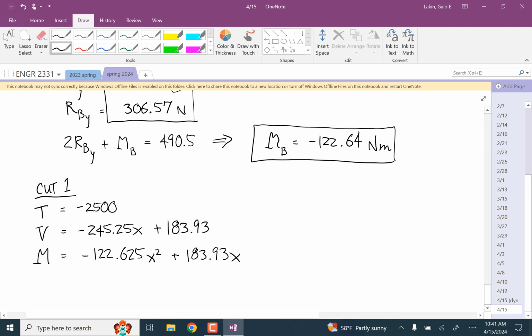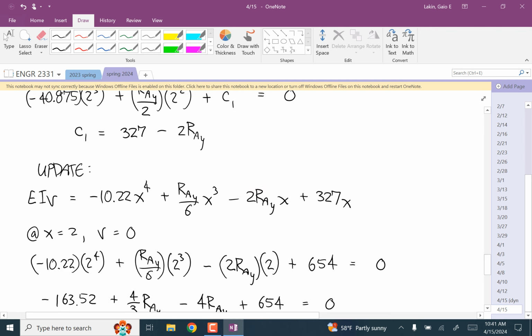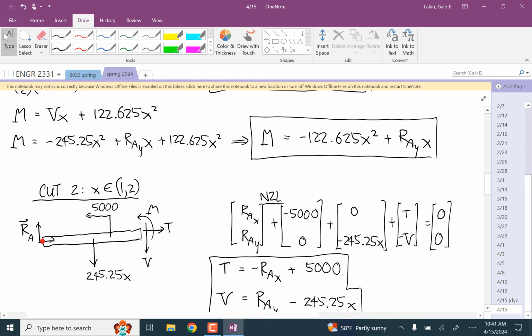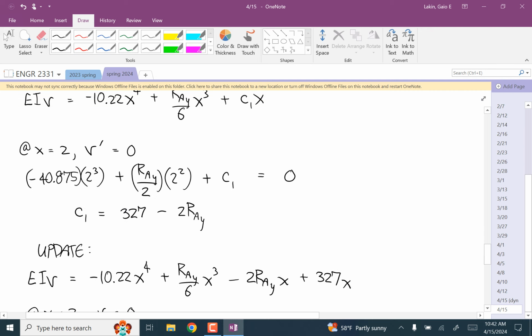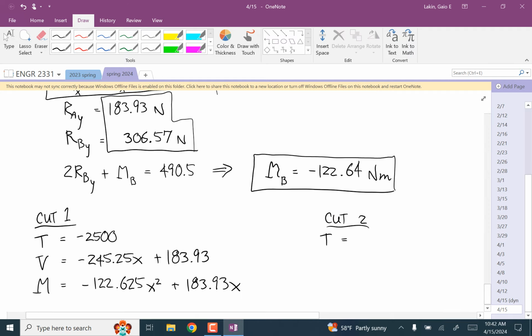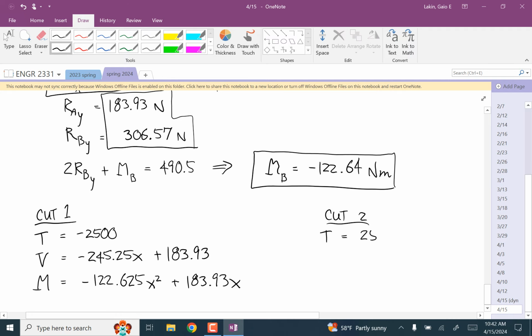Okay, and on cut 2, T is equal to positive 2,500. And these two functions are the same.